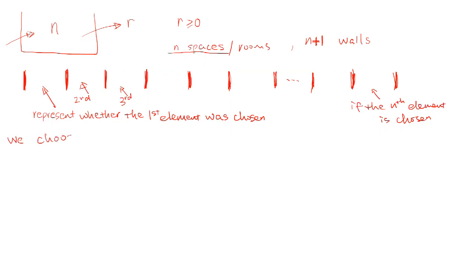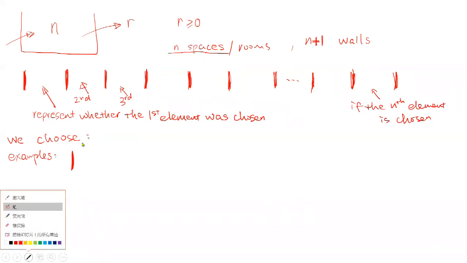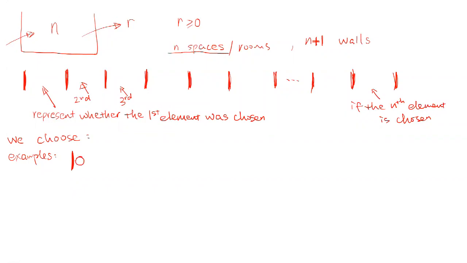Okay, so now we can choose. For example, one possible result could be, for our first pick, if the first element was chosen, then we denote it with a circle.